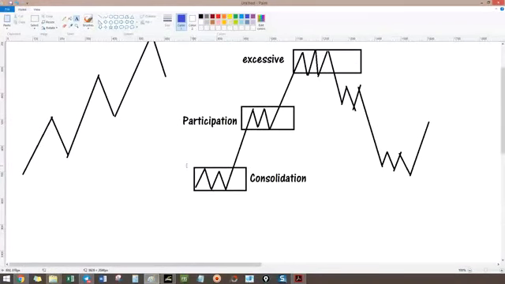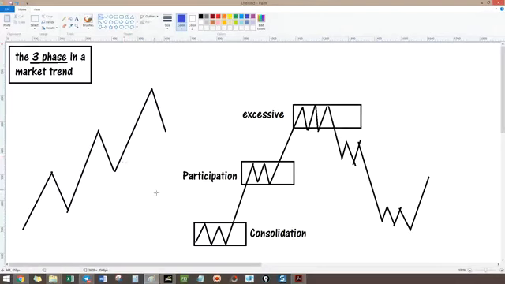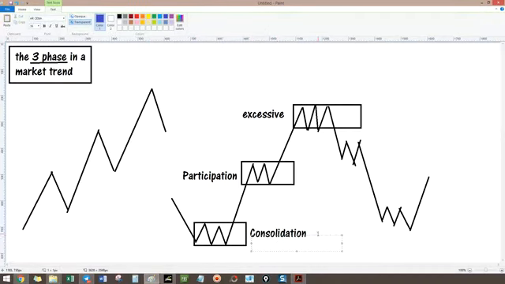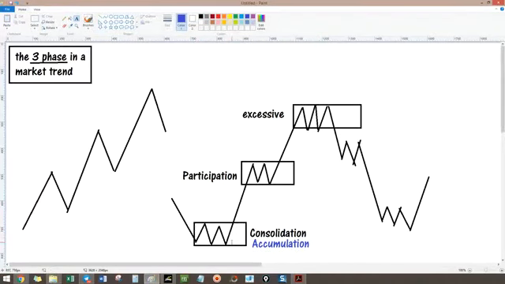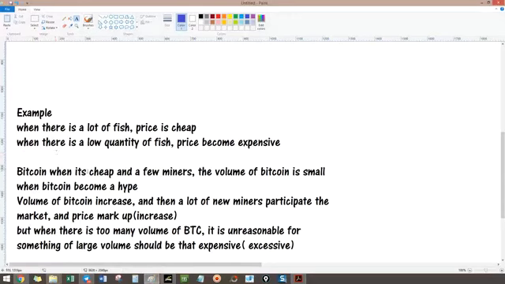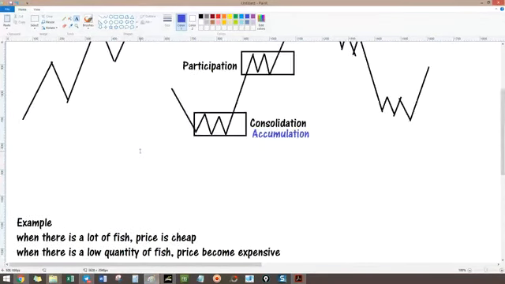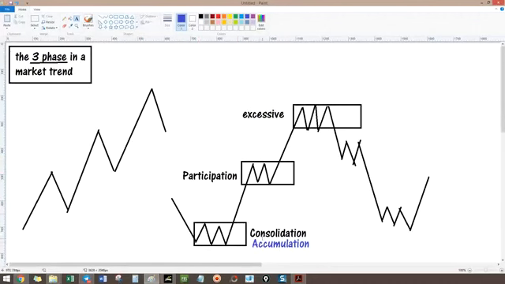Okay, so consolidation, for example, you have something like this. And over here is accumulation. Over here is the place where people start buying Bitcoin or researching where Bitcoin is still cheap. This is cheap price, and then it will mark up here.